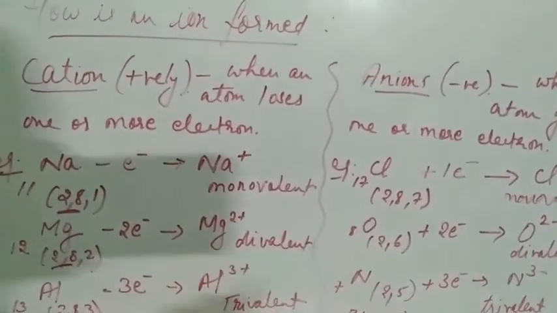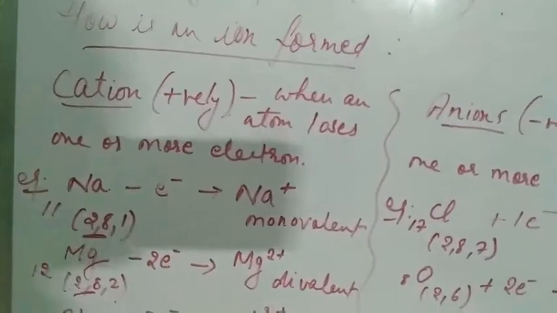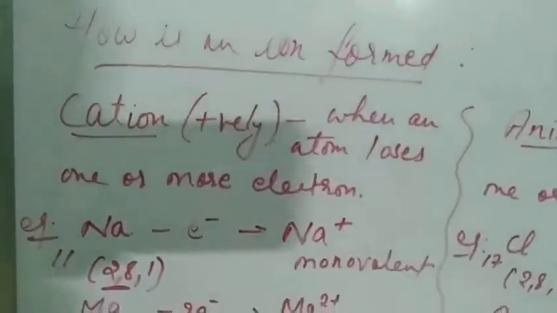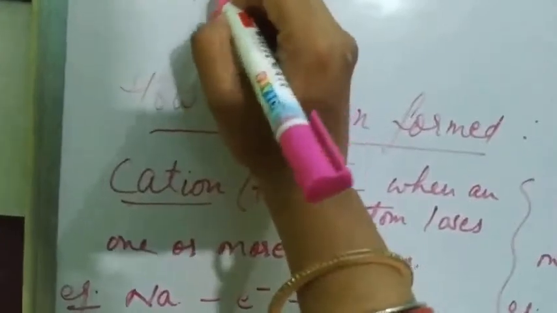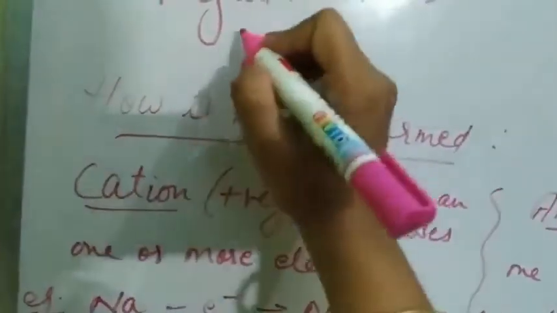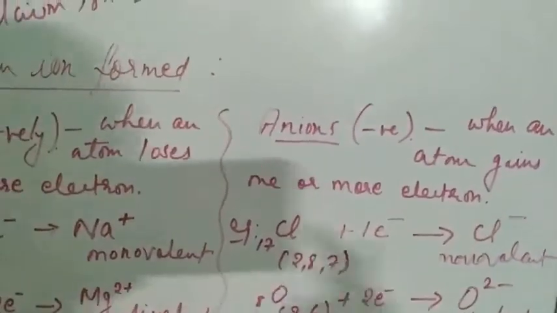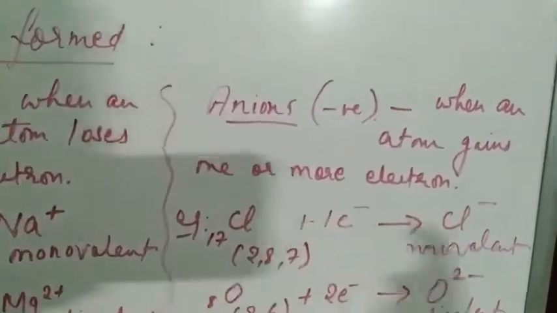Okay, one more thing. When a cation loses an electron, the name does not change. That is, sodium forms sodium ion, magnesium ion, calcium ion, right? But when an anion gains an electron, the name of the anion changes.